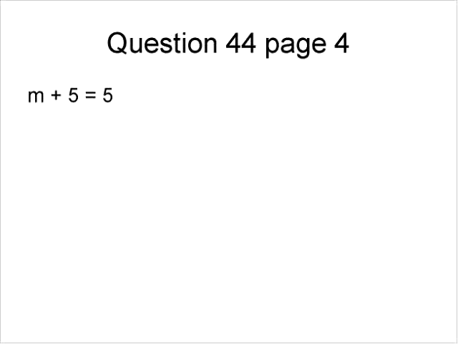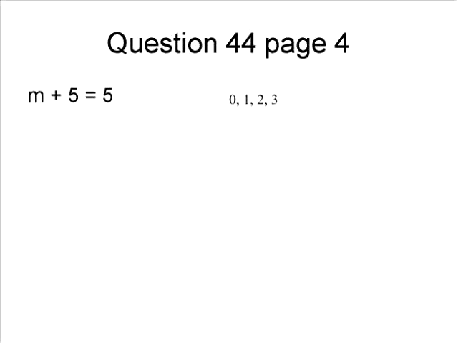The next question asks us to find a value for m. We can do this in a couple different ways. We can start plugging in numbers for m. Let's try 0, 1, 2, and 3 and see what happens.